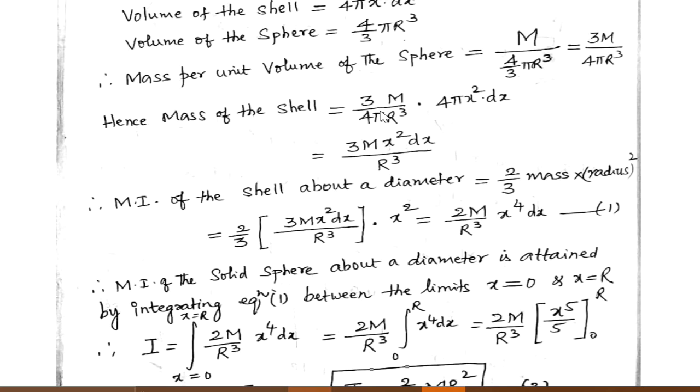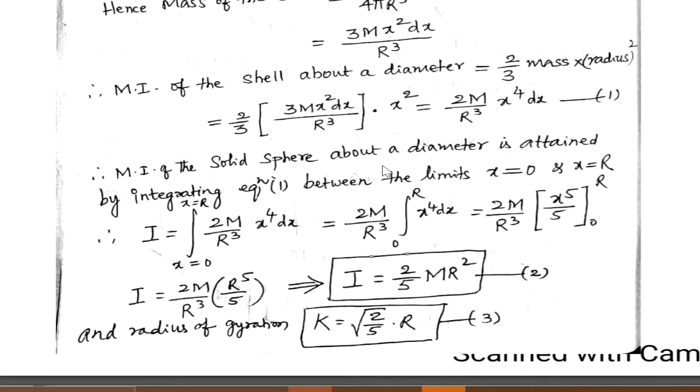Hence, the mass of the shell is mass per unit volume of the sphere, 3m divided by 4 pi r cube, into its volume, 4 pi x square into dx. Simplifying, we get the mass of the spherical shell as 3m x square dx by r cube.